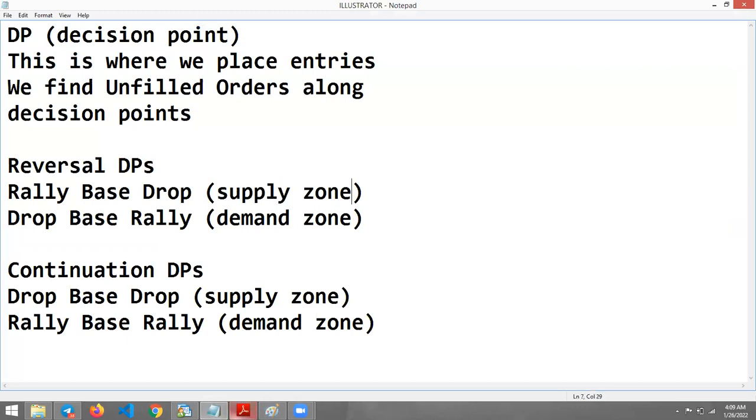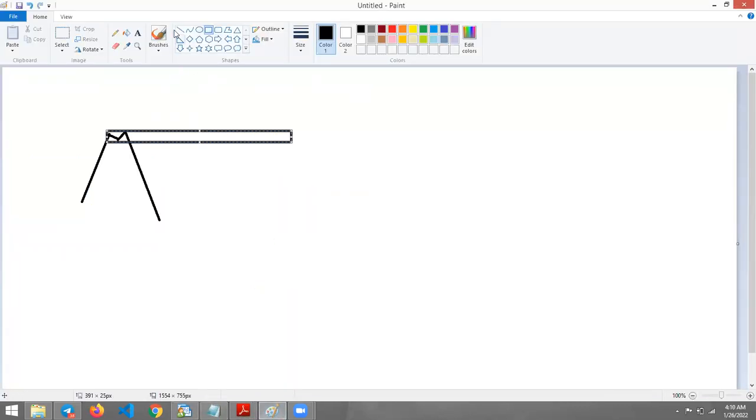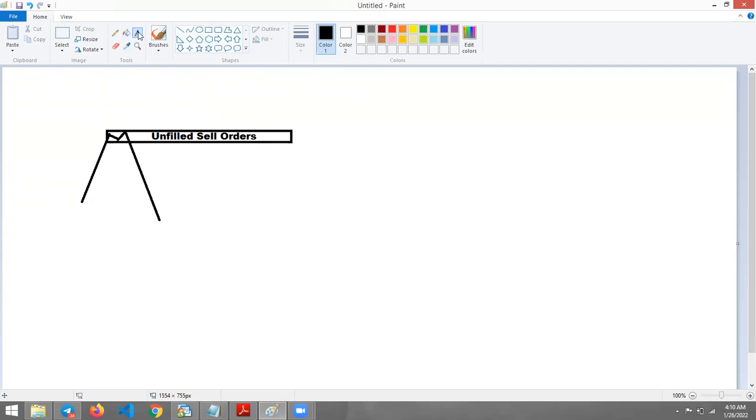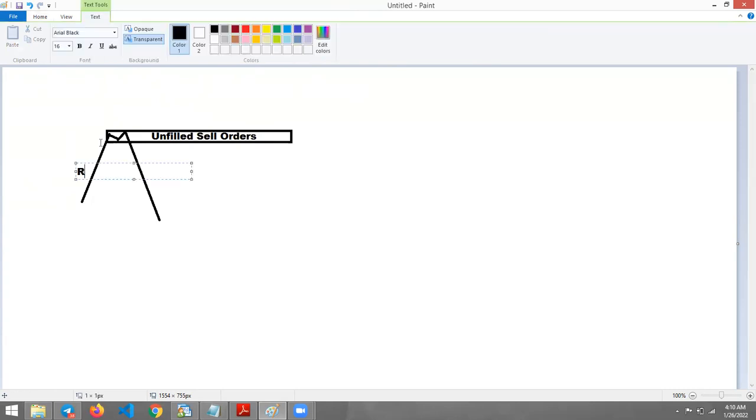Under the supply zone, we have unfilled sell orders along this zone here.